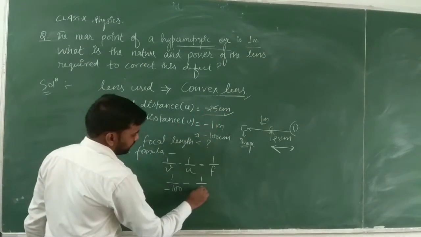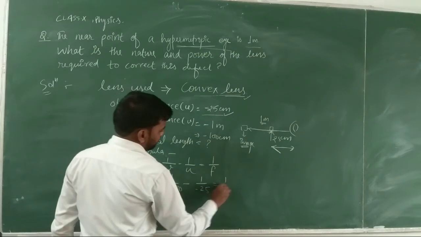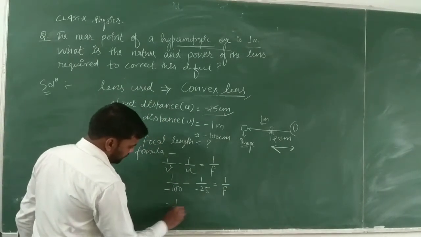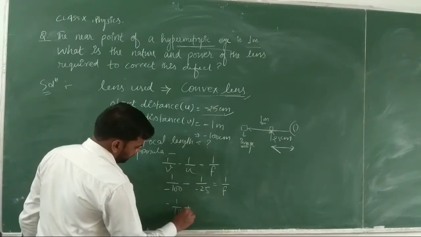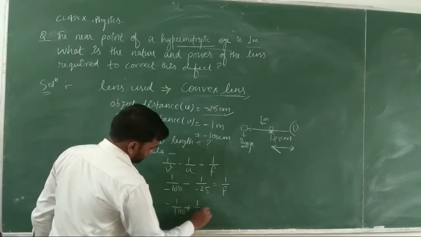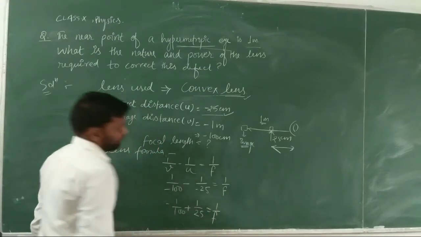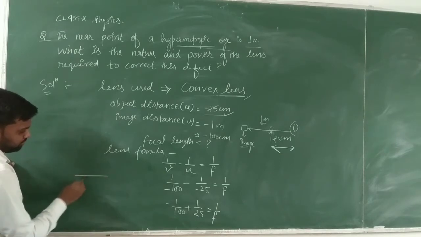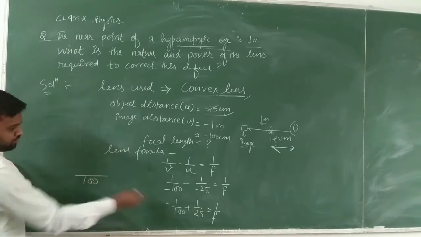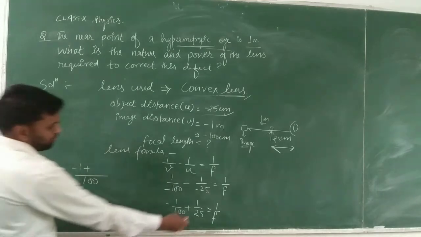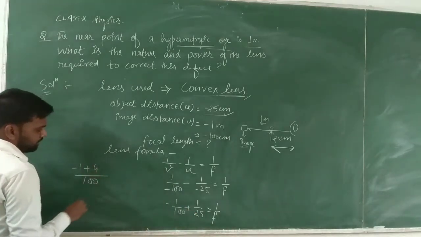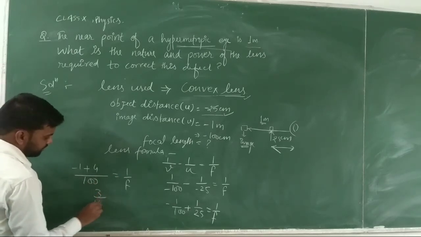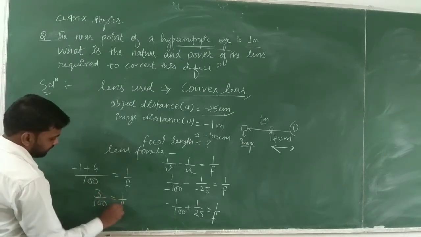It is minus 25 centimeter, equal to 1 upon f. Now it will be minus 1 upon 100 plus 1 upon 25 equal to 1 upon focal length. Now we can take LCM also. It will be 100. So minus 1 plus 4 upon 100. So it will be 3 upon 100 equal to 1 upon f.